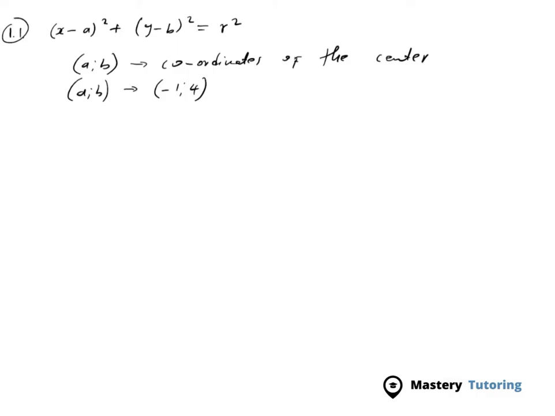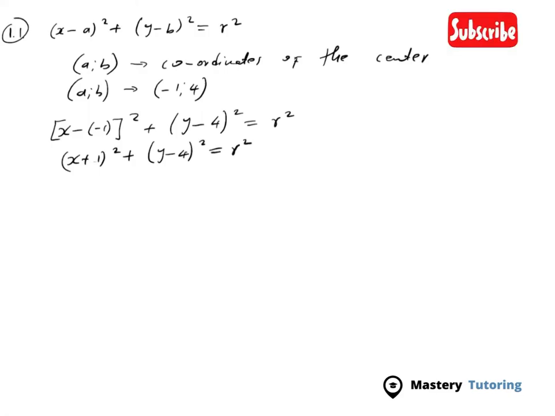So we have (x minus negative 1) squared plus (y minus 4) squared is equal to r squared. This is the same as (x plus 1) squared plus (y minus 4) squared is equal to r squared. Now, this equation is incomplete.